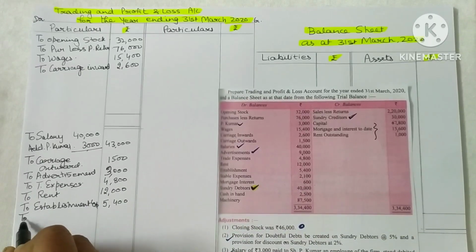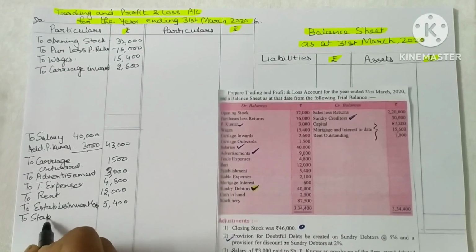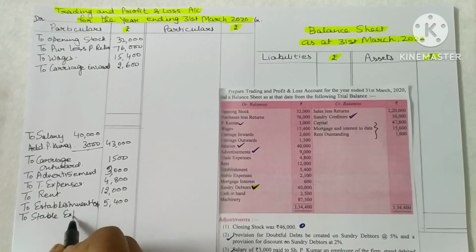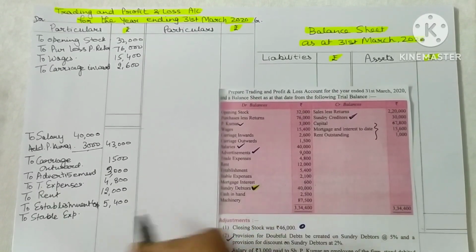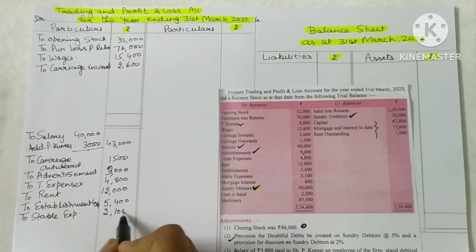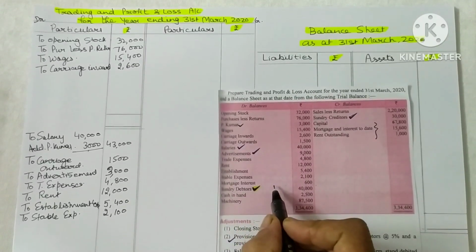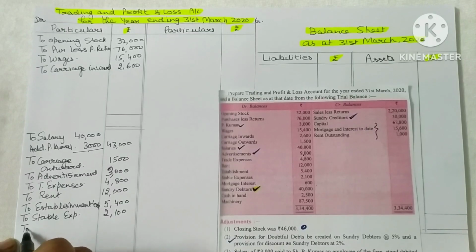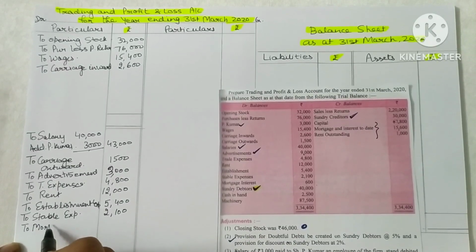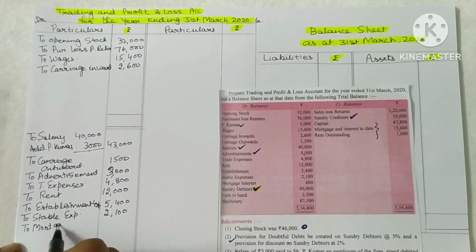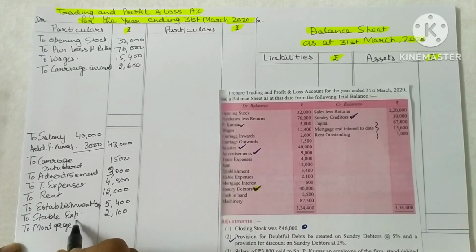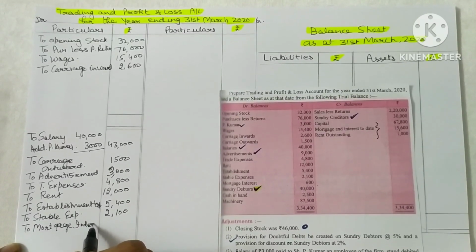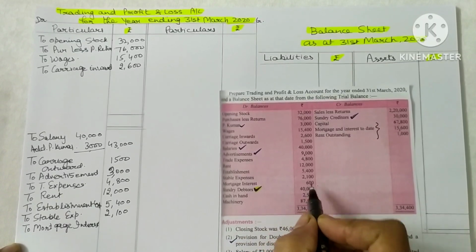Stable expenses in P&L, 2,100. Next is mortgage interest. It is also an expense, mortgage interest, 600.